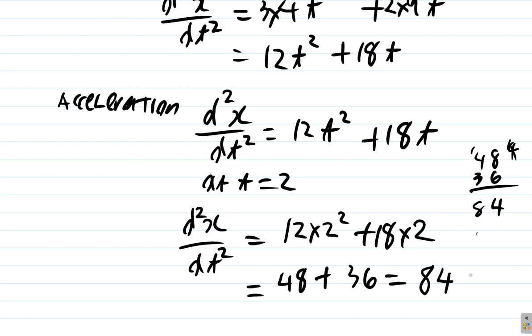If distance was in meters, then the acceleration would be meters per second squared. In this case, we say units per second squared, which would be the acceleration.